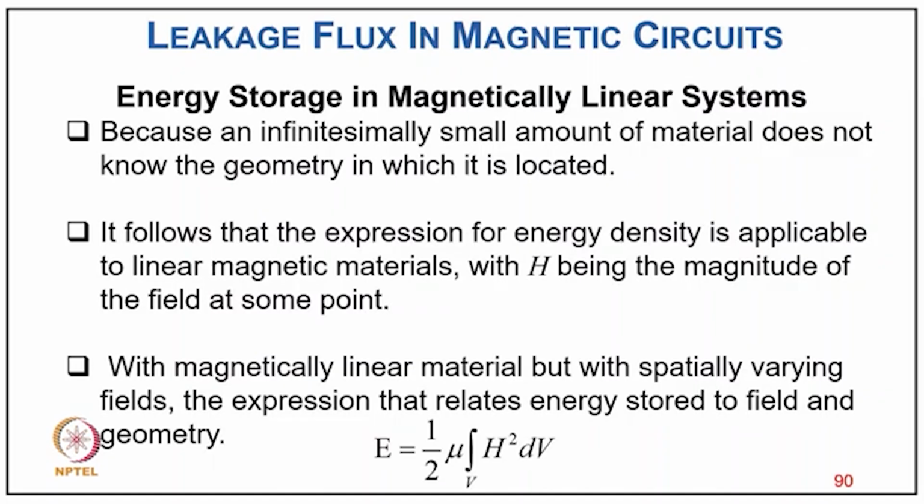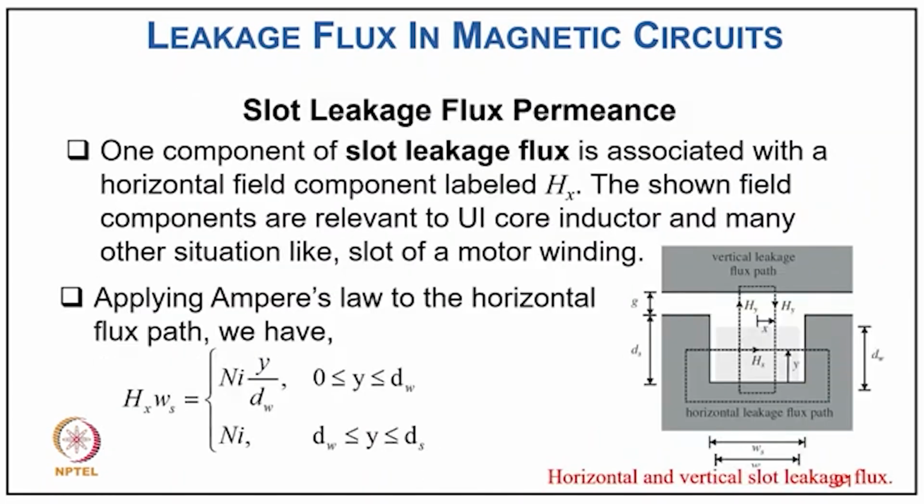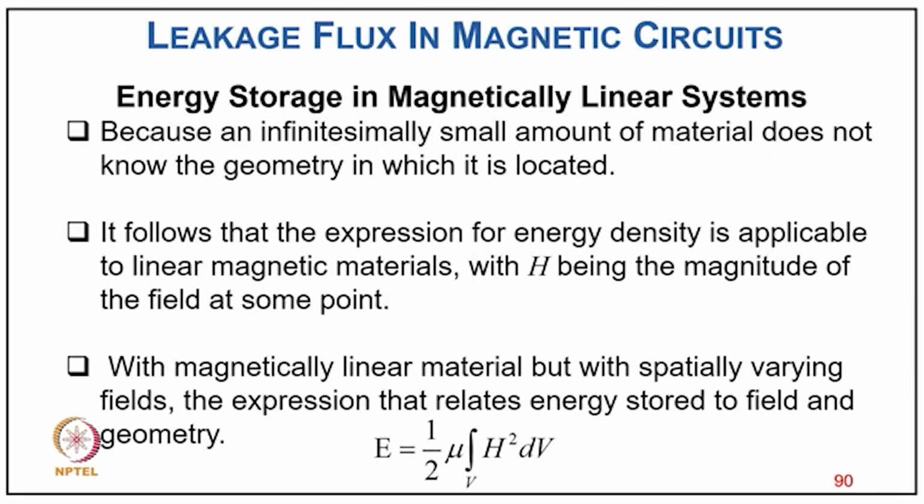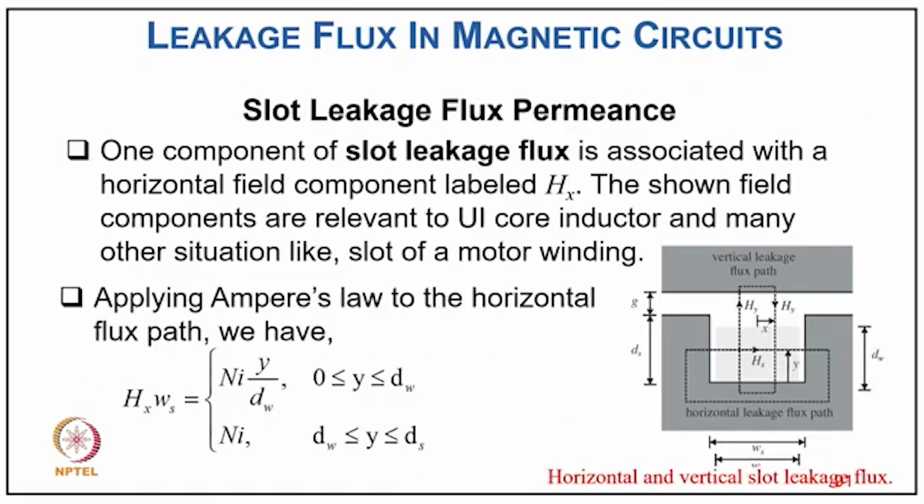For a linear magnetic material with a statically varying field, the expression relating the energy stored in the field and geometry is half mu H squared dV, so the total energy stored can be calculated in a volume with the integral over volume.